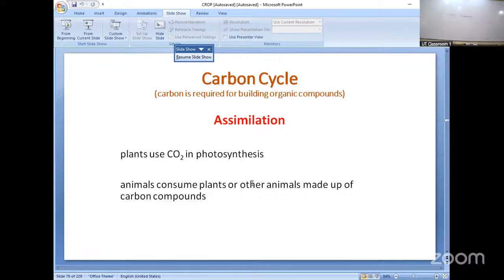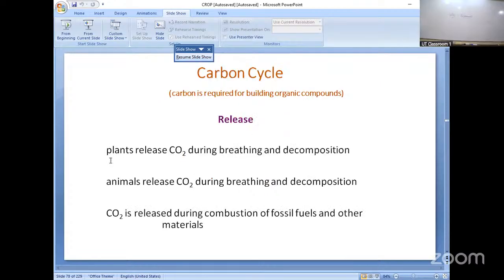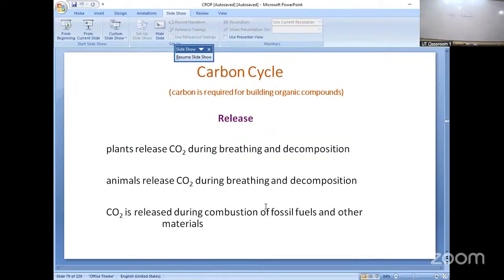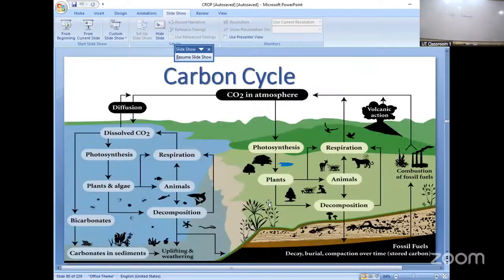And animals consume plants or animals made up of carbon compounds. Plants release CO2 during breathing and decomposition. Animals release CO2 during breathing and decomposition. CO2 is also released during combustion of fossil fuels.